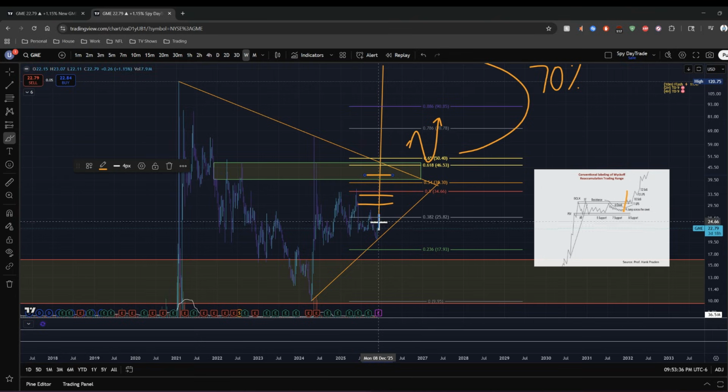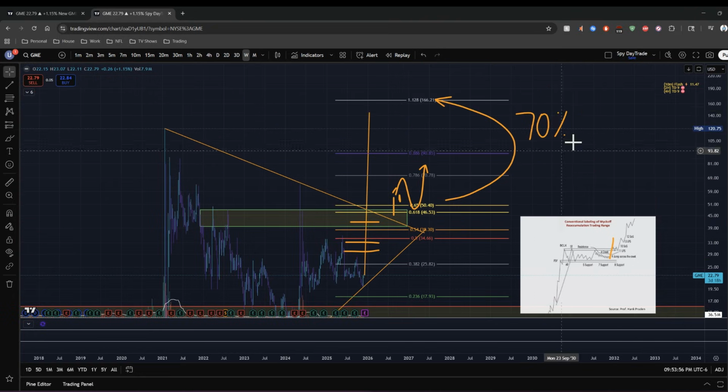Now, once we finally do break through the golden pocket, if we get a weekly candle, that's what I'm looking for. I want a weekly candle breakthrough and a weekly open and close above it. To me, that's going to be confirmation that we now have 70% chance of hitting the 1.128 fib level at 166.